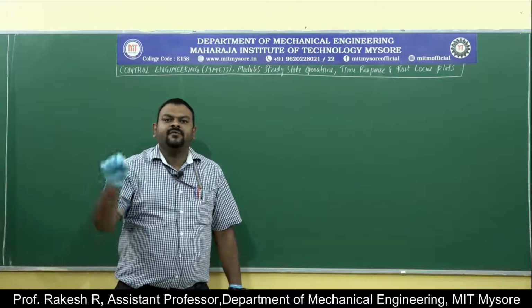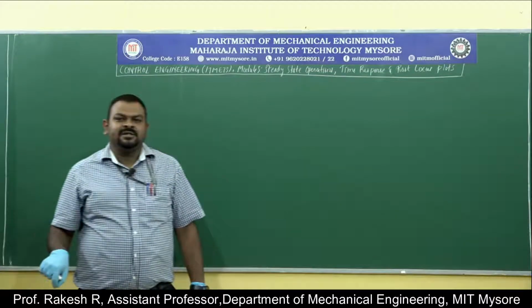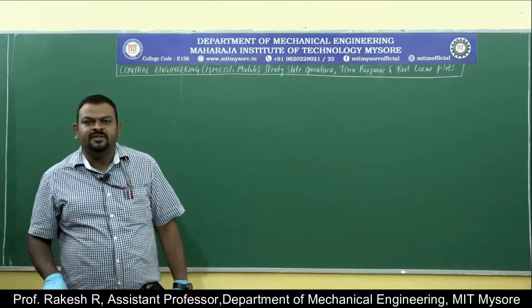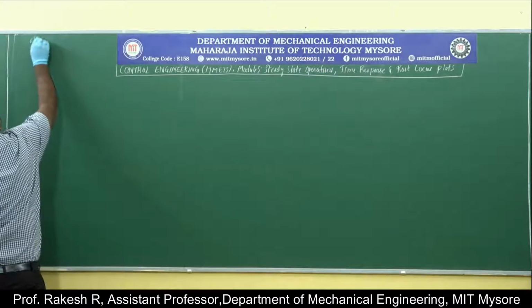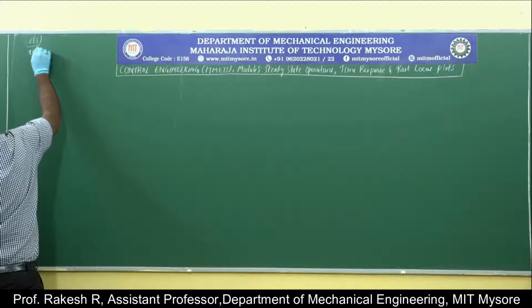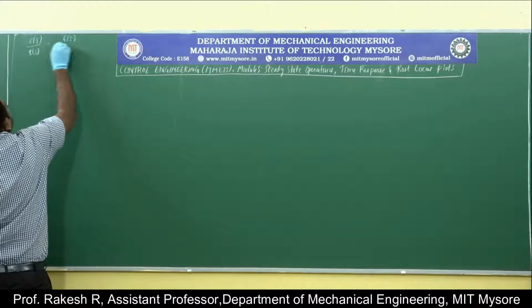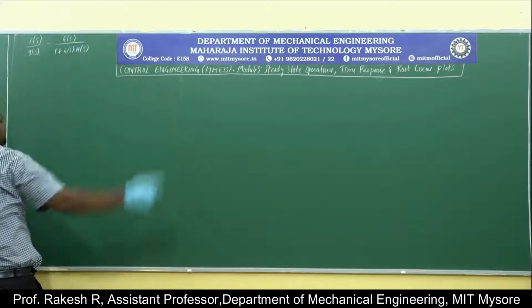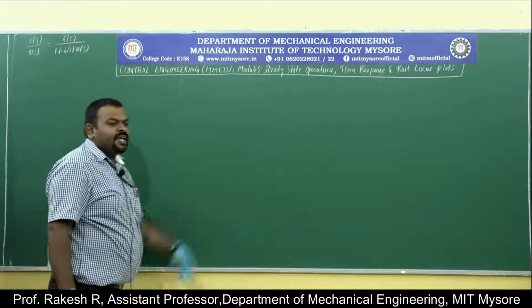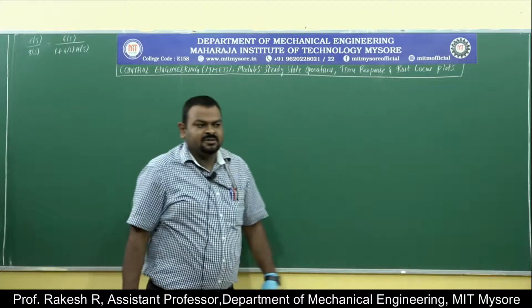The transfer function we have obtained is the closed loop transfer function, C of s divided by R of s, which is equal to G of s divided by 1 plus G of s into H of s. This is what we derived in the previous classes.